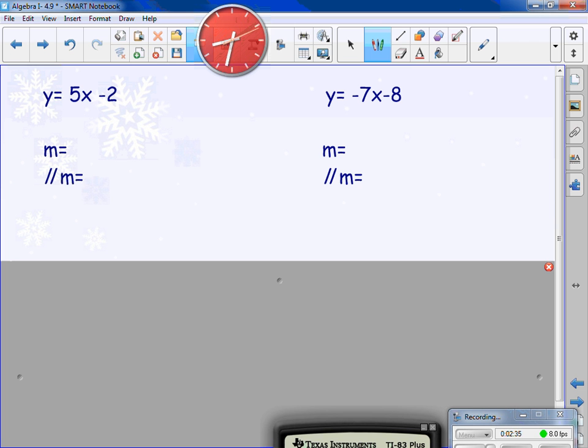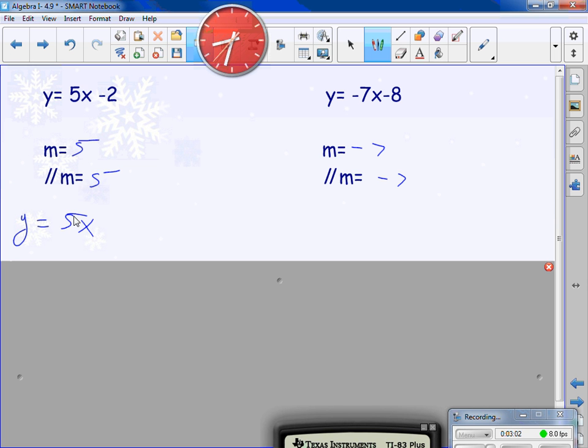I have y equals 5x minus 2. My slope is 5. The parallel slope is 5. Here I have y equals negative 7x minus 8. What's my slope? Negative 7. So what's my parallel slope? Give me an example of an equation that is parallel.